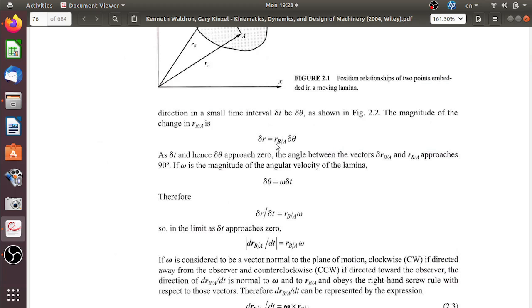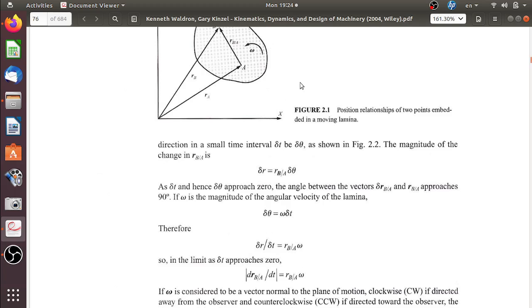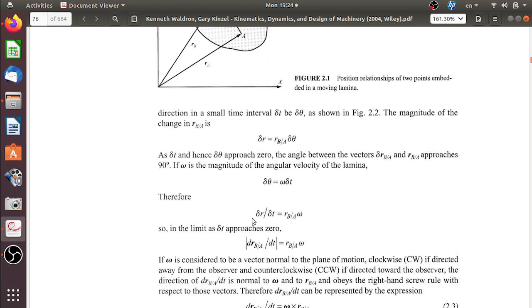And what about omega? Omega is the angular velocity, which is change in angle divided by change in time, and from that definition we can write delta theta is equal to omega times delta t. Now let's take this delta theta definition to here, and what do we get? We get delta r by delta t equal to RB/A times omega.